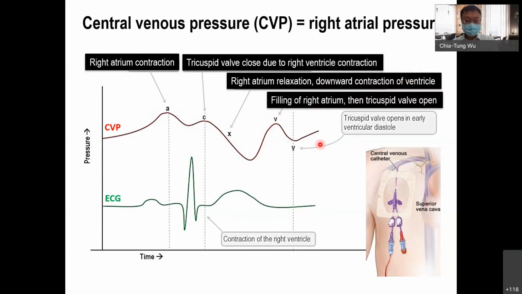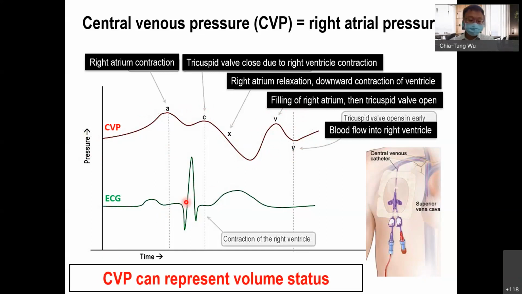After that, with ventricular relaxation, the tricuspid valve and mitral valve open, so the blood goes into the ventricle from the atrium, and the pressure in the right atrium decreases to the Y point. So this is the basic waveform of the CVP. You don't need to remember this, just need to know what this waveform means.